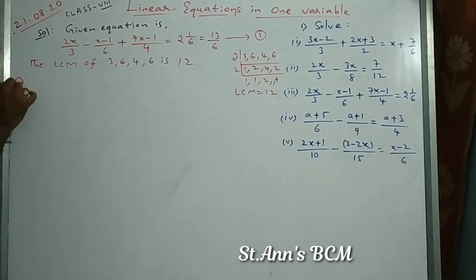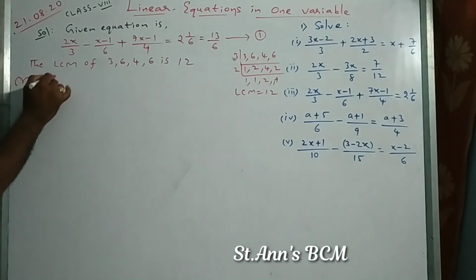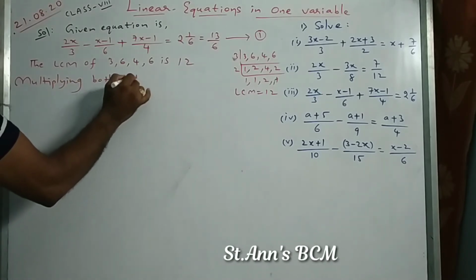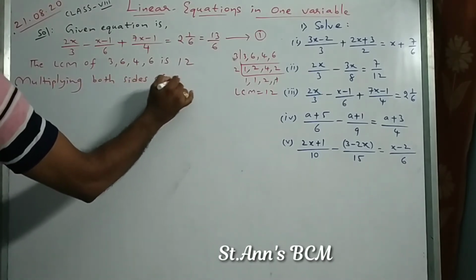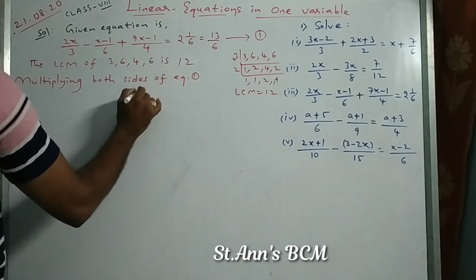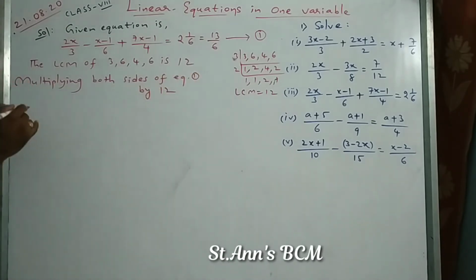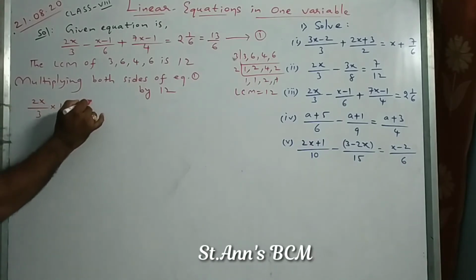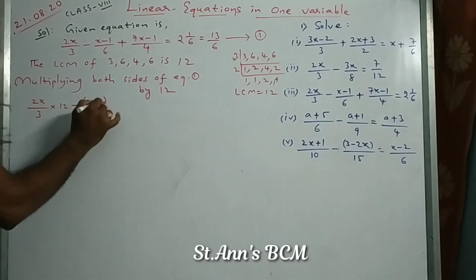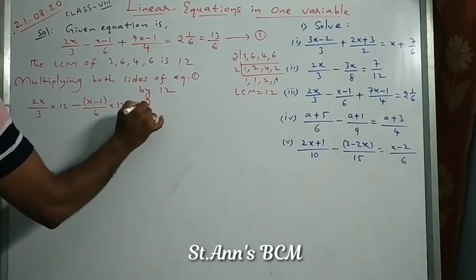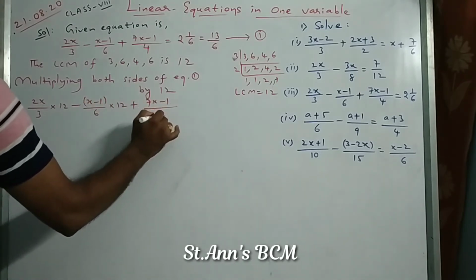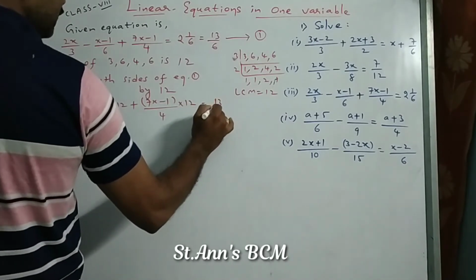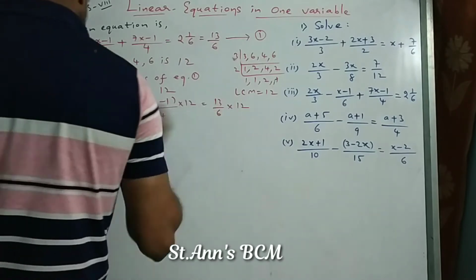So you have to multiply both sides of equation 1 by that 12. So we get 2x by 3 into 12, x minus 1 upon 6 into 12, 7x minus 1 upon 4 into 12 equal to 13 by 6 into 12.